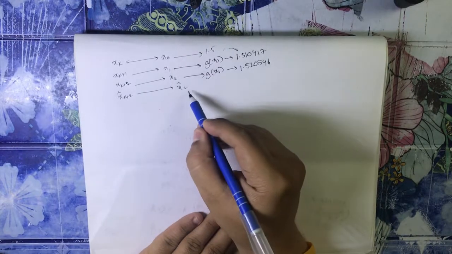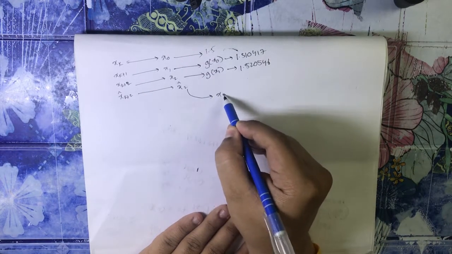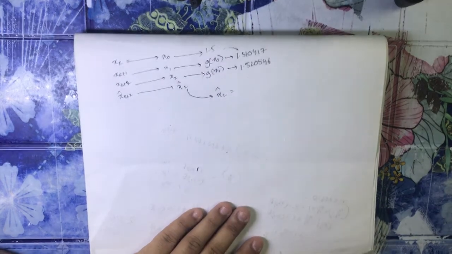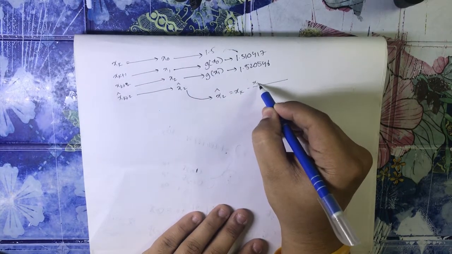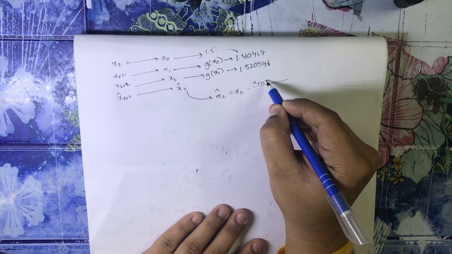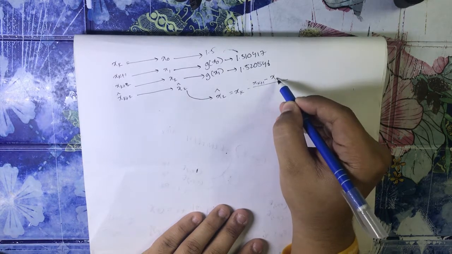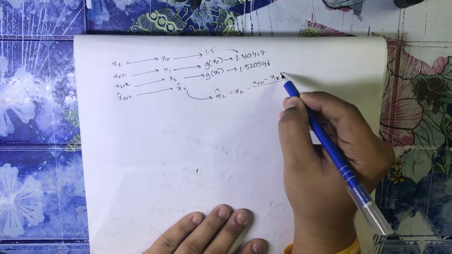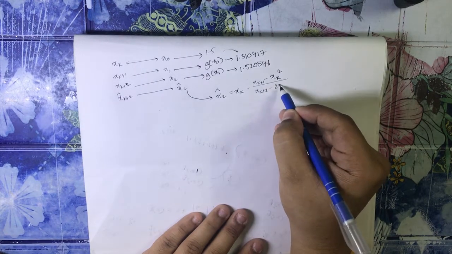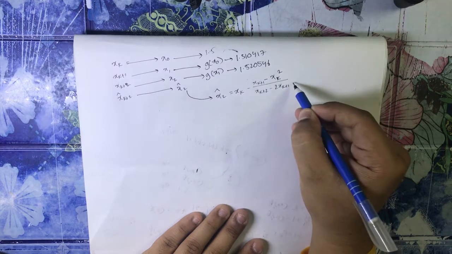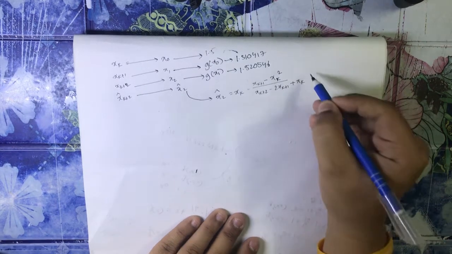So for x2 hat, what did we need? We needed xk minus xk plus 1 minus xk square divided by xk plus 2 minus 2 into xk plus 1 plus xk.